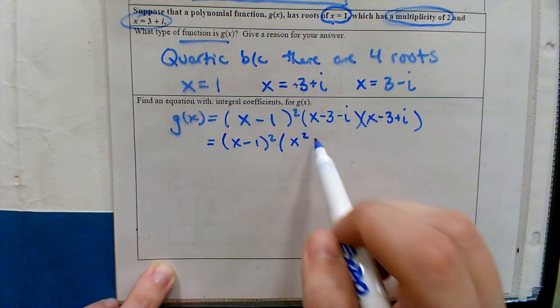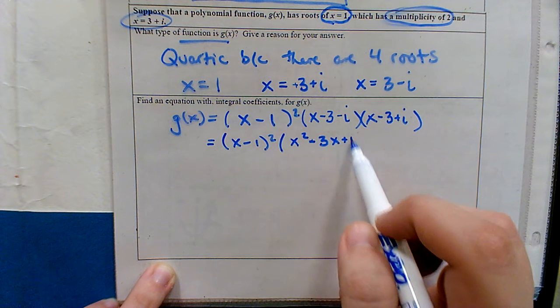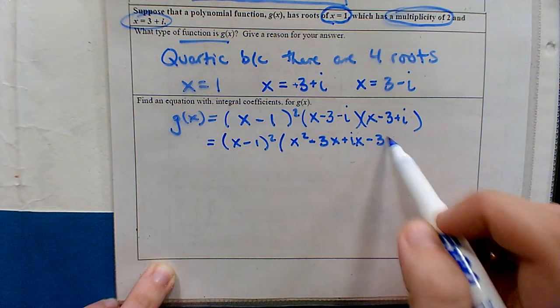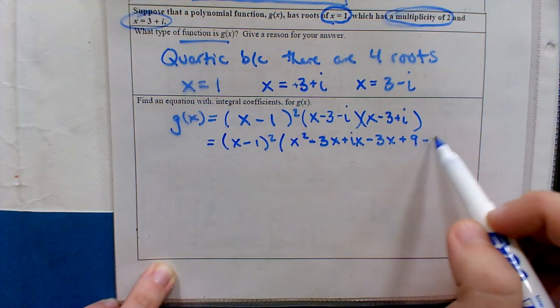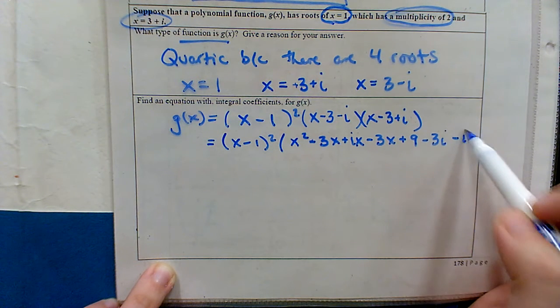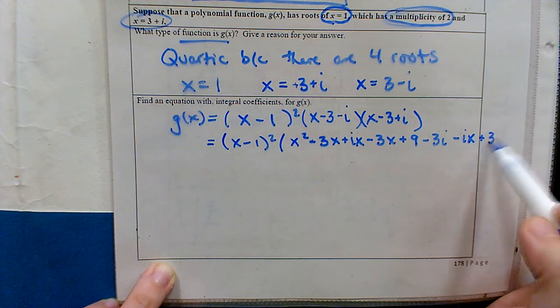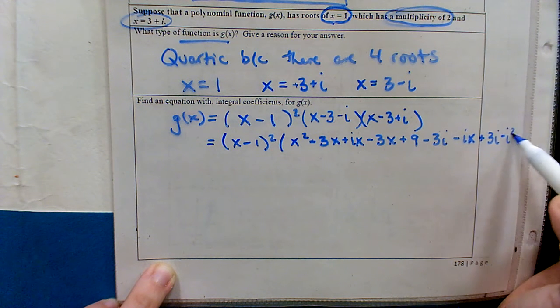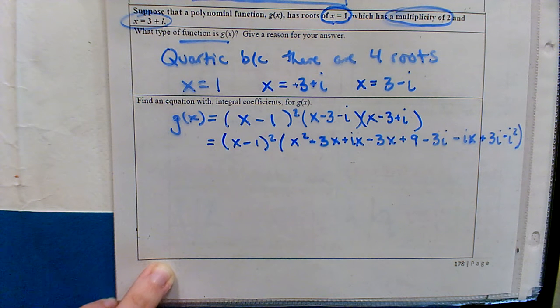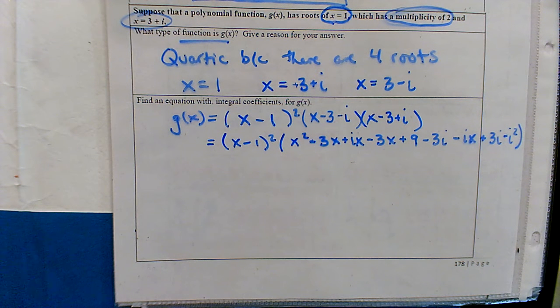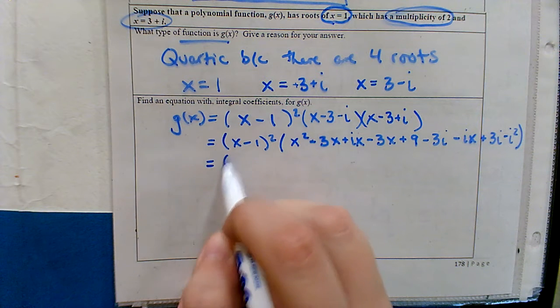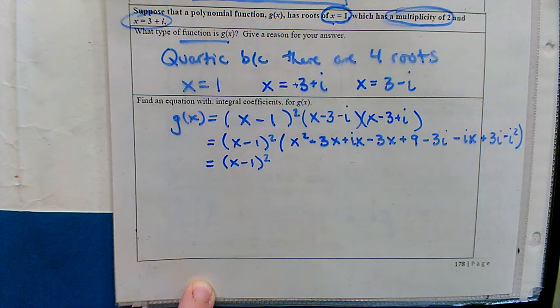x times x, -3x, plus ix. There's a lot of terms there.